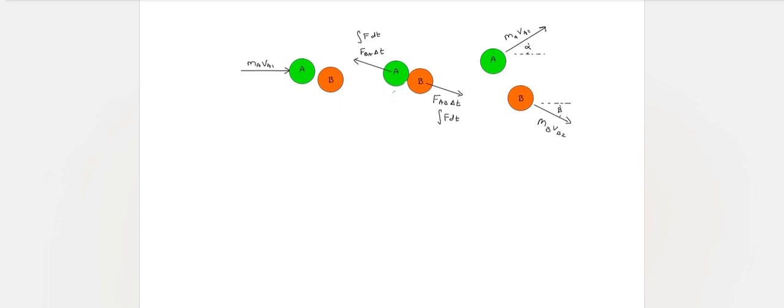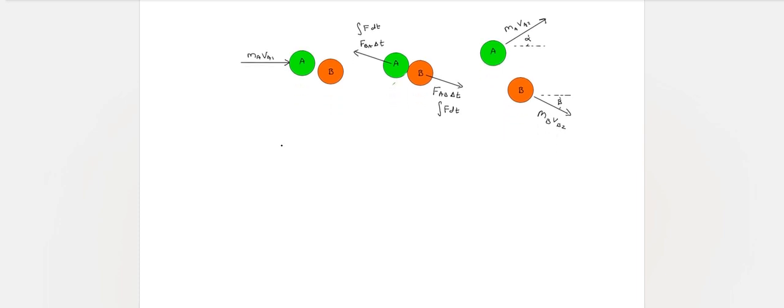I'm going to get myself some more room here. So I can write one equation that looks like this. Conservation of momentum in this direction. I'll call that the plus x direction. You don't really even need to put the x there, as long as you define with an arrow what direction you're talking about.